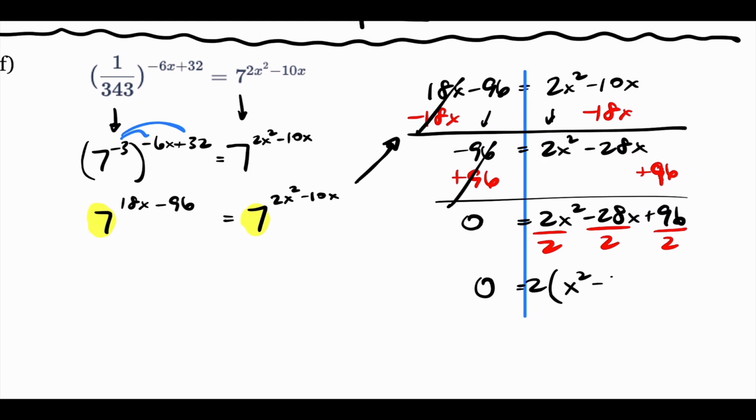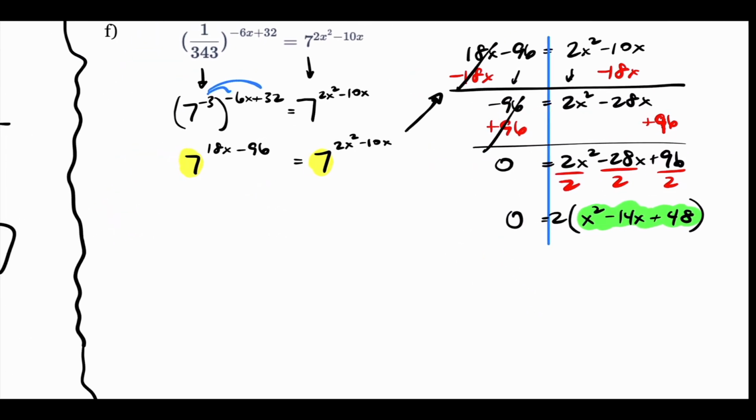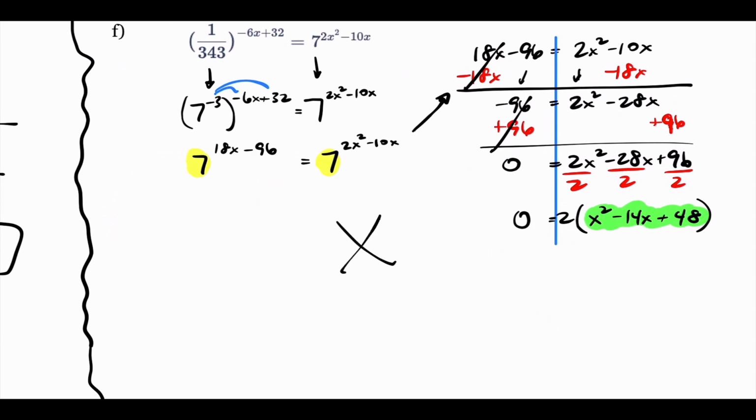It's going to be x squared minus 14x plus 48. Okay. Now we're going to do ABC with that stuff to figure out what the two answers are. We're going to get two answers. So multiply to be 48, add to be negative 14.